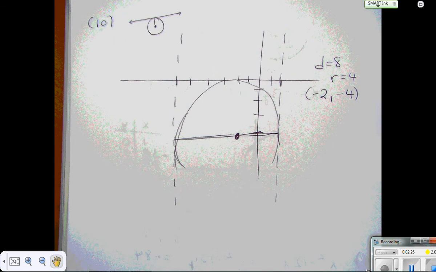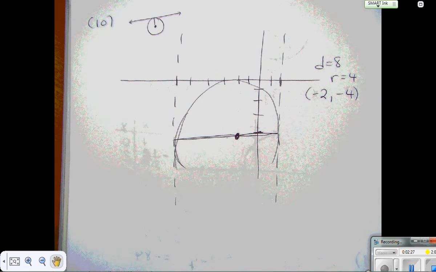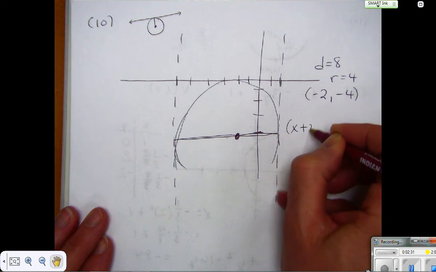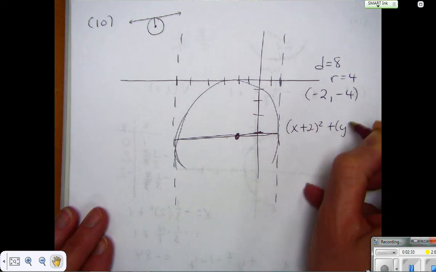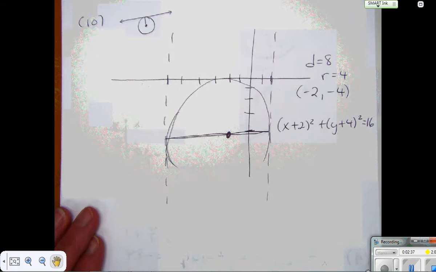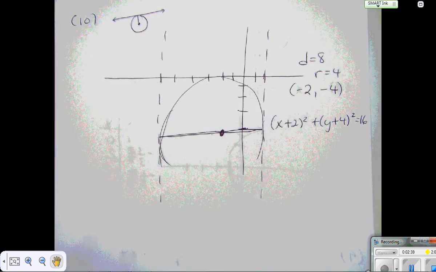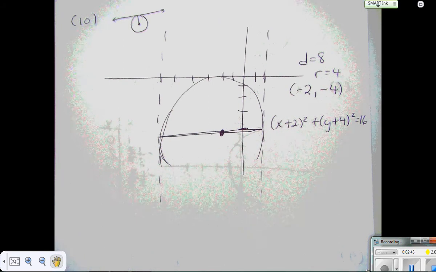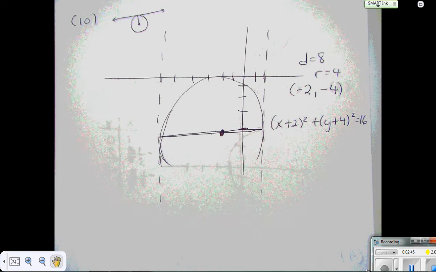Are there any questions on that? Okay, so your equation would be x plus 2 squared plus y plus 4 squared equals 16, because you have to square that radius. Okay, so you use your tangency points and diameter, radius.